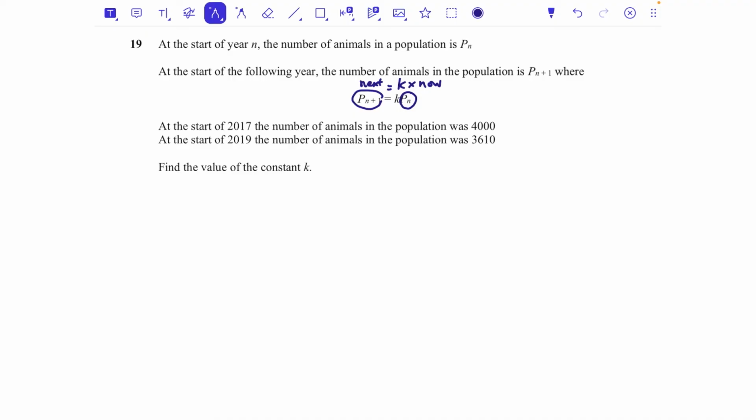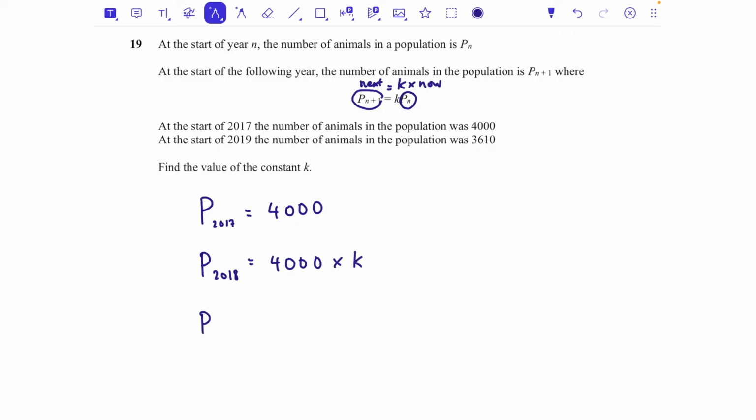So at the start of 2017, the population equals 4,000. At the start of 2019, the number of animals in the population was 3,610. Now, we don't know what P 2018 is, but we know that it would be 4,000 times by k.